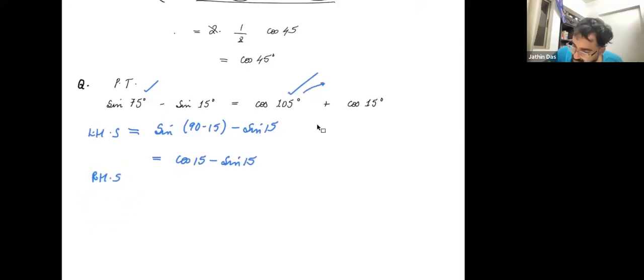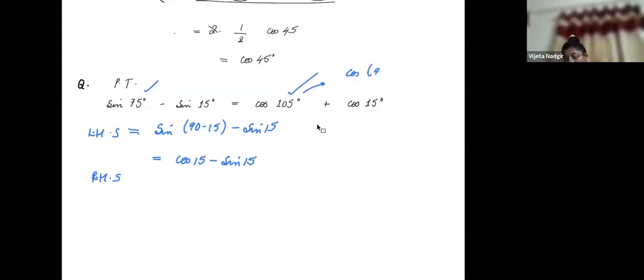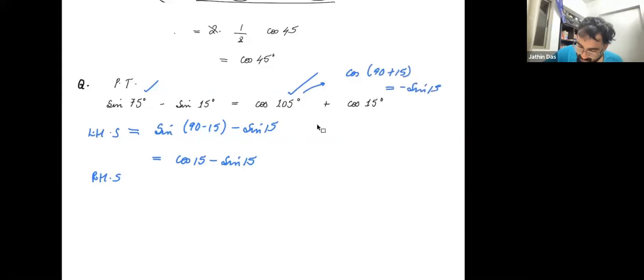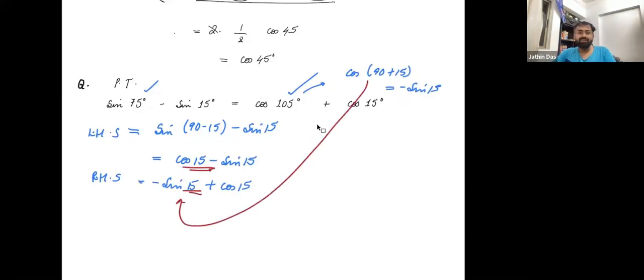And this is cos of 15 plus 90, which is minus sine 15, plus cos. So minus sine 15. Again, you have your plus cos 15, which is intact. So this is the same. Okay. Easy as that. Okay. This one.